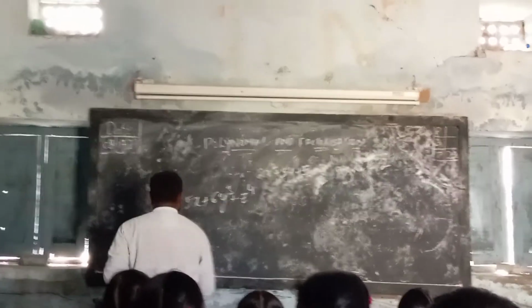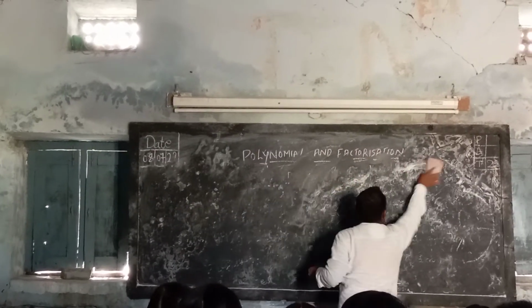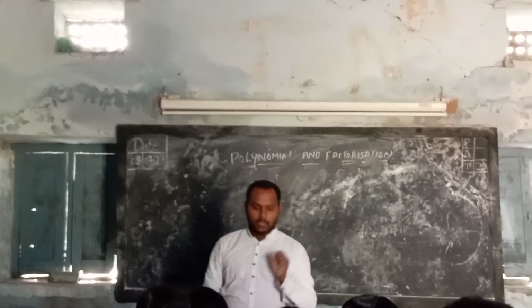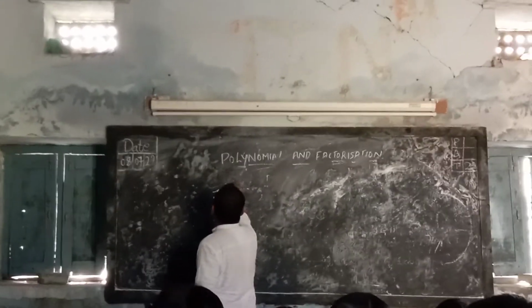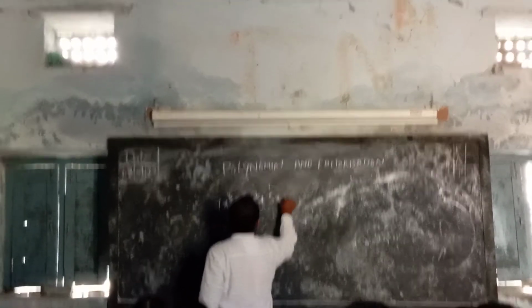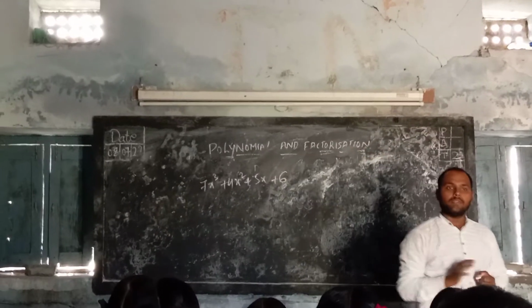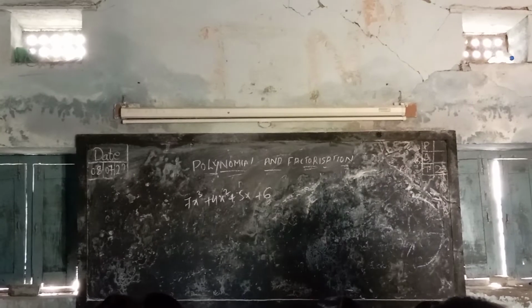Let us see. I am giving one example, and you will tell me the degree of that polynomial. 7x cube plus 4x square plus 5x plus 6 is there. What is the degree of this expression? 3. 3 is the degree of that expression.